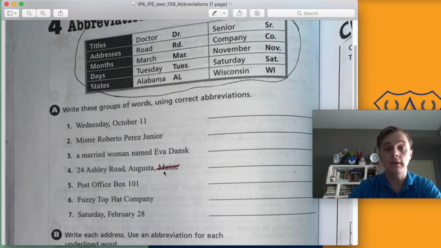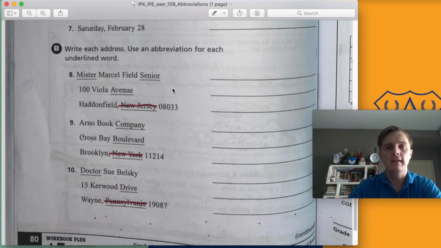You do not need to abbreviate the state, Maine. Section B, you have 3 addresses, and in each address there's a few things you need to change. What you need to change has been underlined, but again, I don't need you to abbreviate the states, New Jersey, New York, or Pennsylvania.